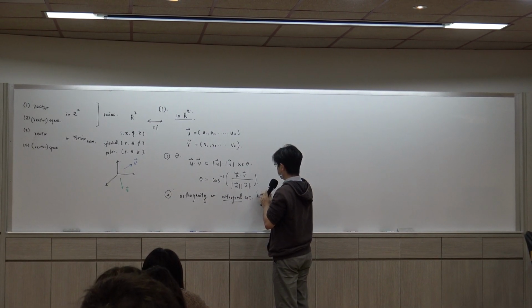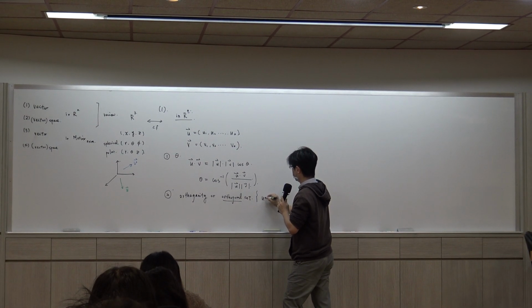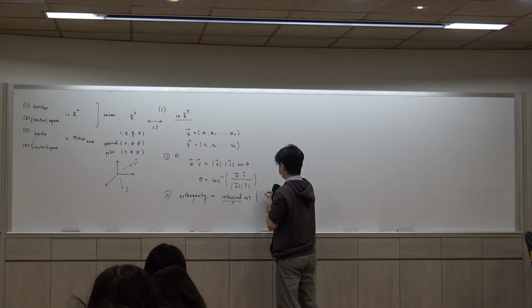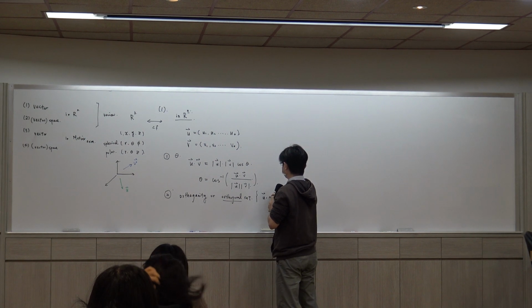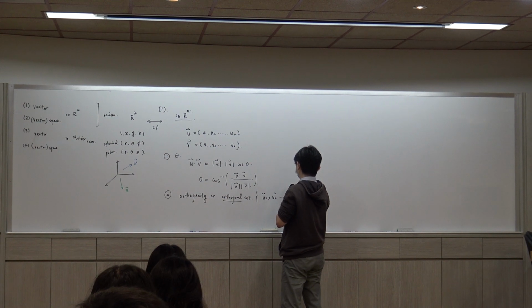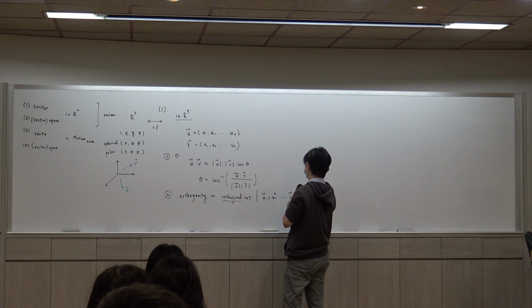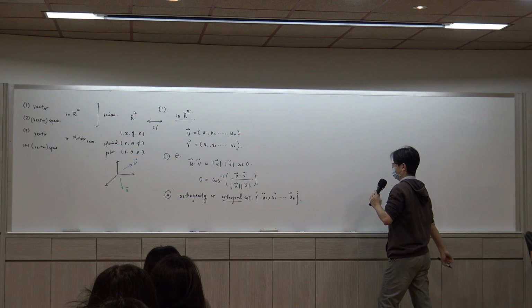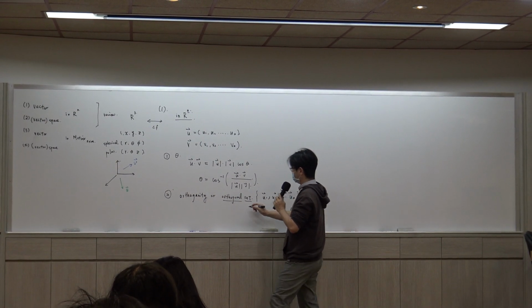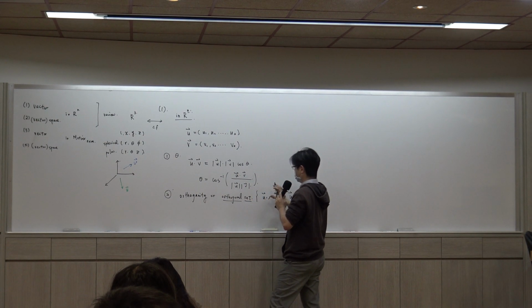The definition is that a set means a group of vectors.